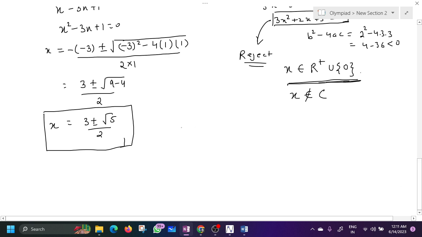Now we come to the two values that we have found. Those are real values, and these values are x equal to 3 plus minus root 5 over 2.